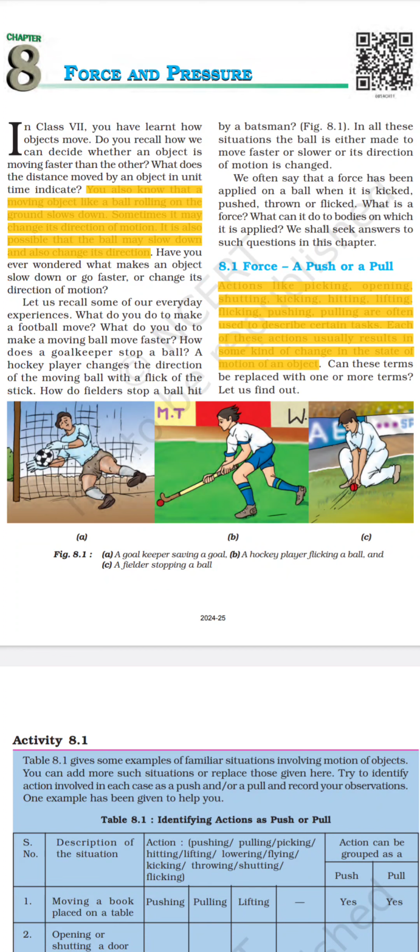You also know that a moving object like a ball rolling on the ground slows down, and sometimes it may change its direction of motion. It is also possible that the ball may slow down and also change its direction.